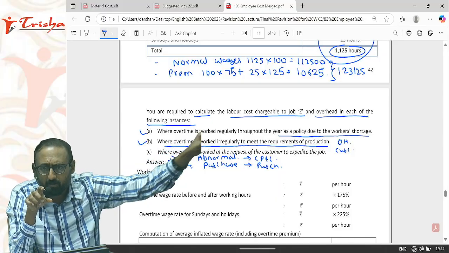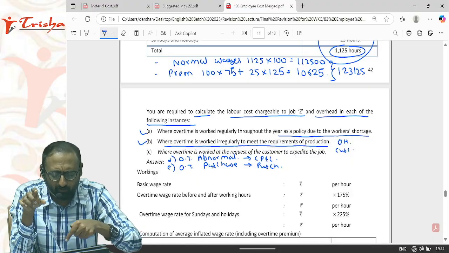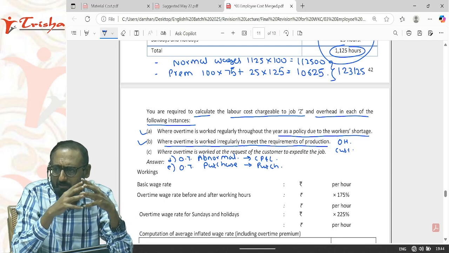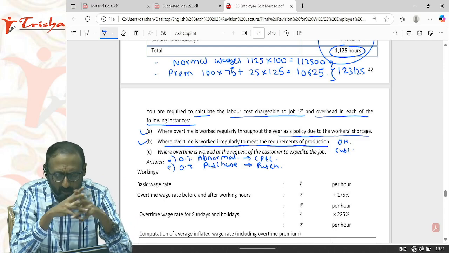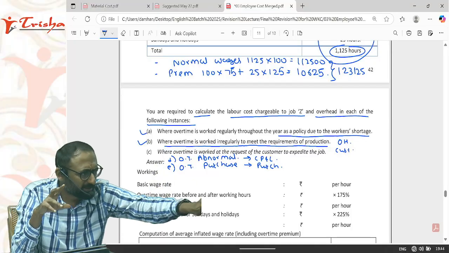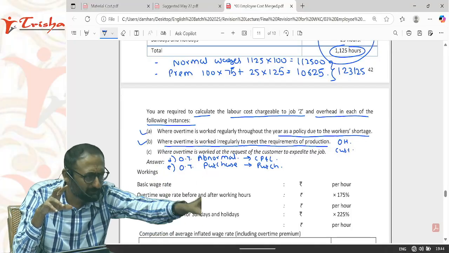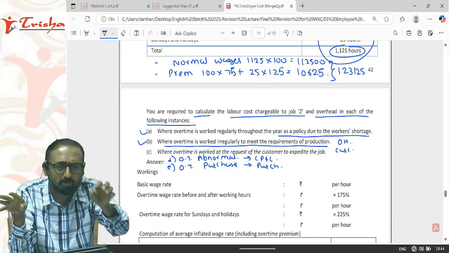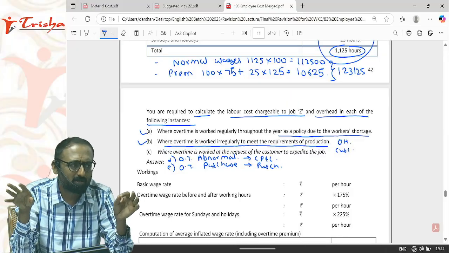Yes or no? Because of an abnormal reason, overtime is done. Then what will happen, Sirji? 1,12,500, the normal cost, will be given to the job only. Then 10,625 will be transferred to the costing profit and loss account.